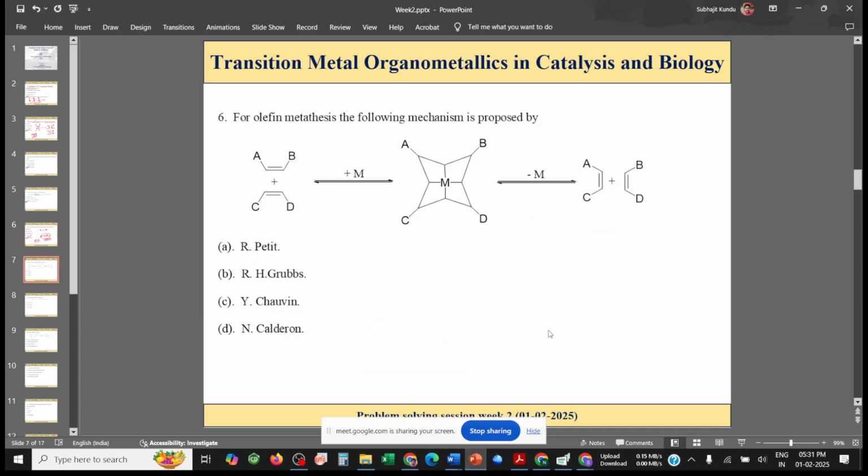No, this question: the olefin metathesis for the following mechanism is proposed by... This is also another wrong mechanism which was published in a top tier journal, but the assignment or hypothesis was wrong, which was proved later. So this type of metallacycle intermediate formation was proposed by another scientist, R. Petit.